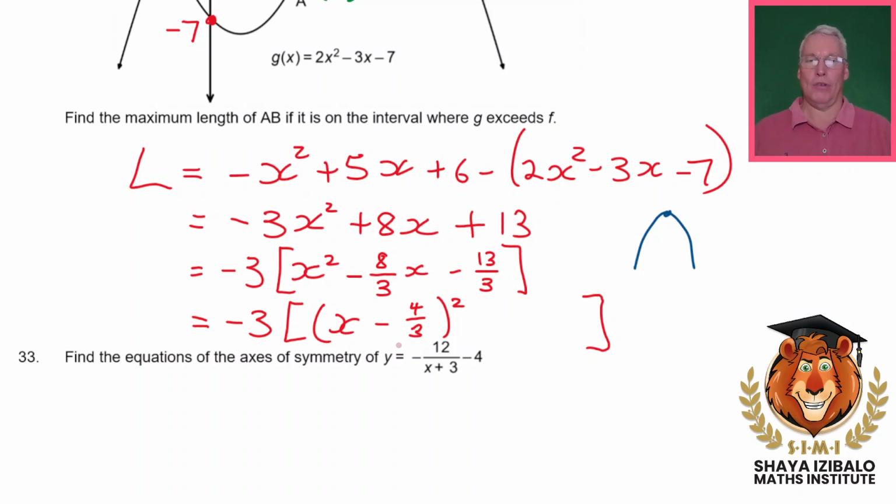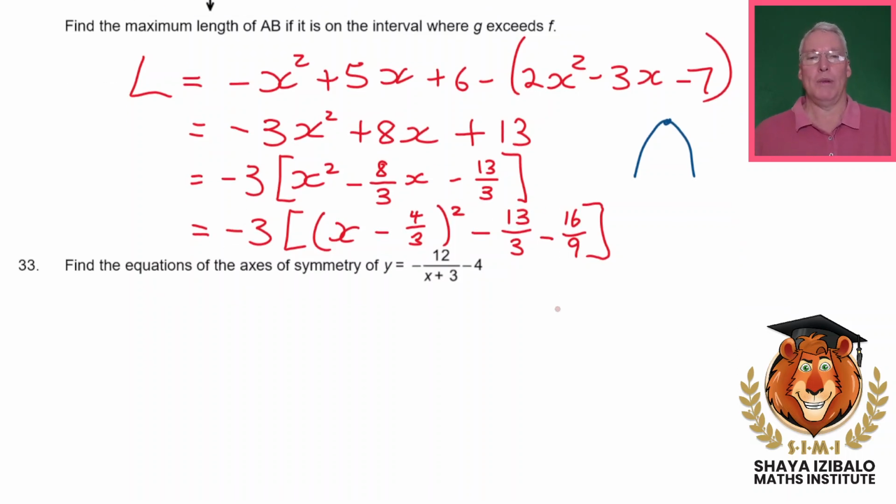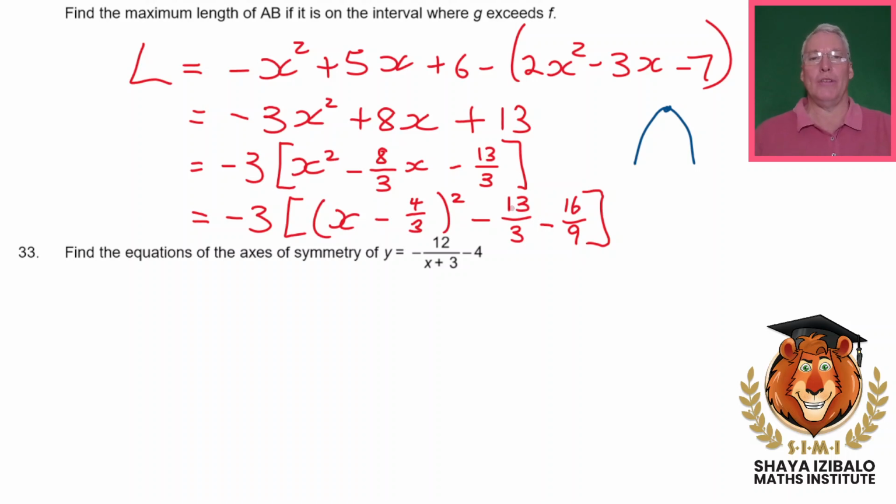x squared minus 2 lots of 4 over 3, that's 8 over 3. The way I got this is I halved that. But we're also going to end up adding in 16 over 9, and that 16 over 9 we didn't have, so we need to subtract 16 over 9. Now if we can do this on a calculator, we shouldn't need to.